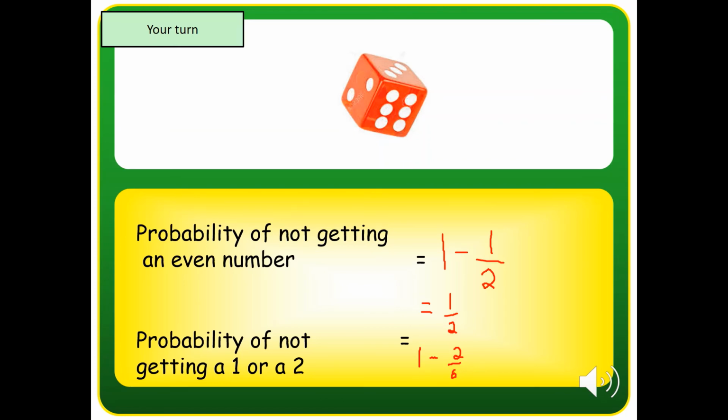So if we do 1 take away 2/6, that will leave us with 4/6, which is also equivalent to 2 thirds. Okay guys, remember mathematically we do not put the equal sign next to the equation. What I'd like you to do is put it below. Unfortunately I didn't have enough space on this, but make sure you put your equal sign below every time, not across.